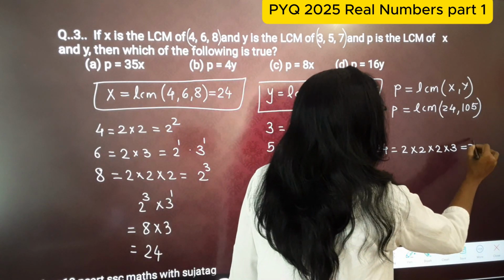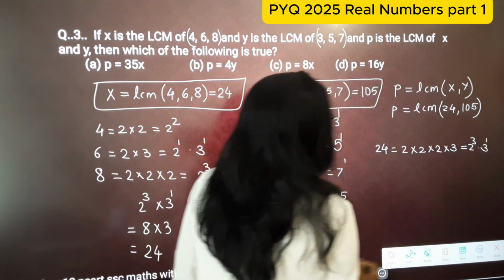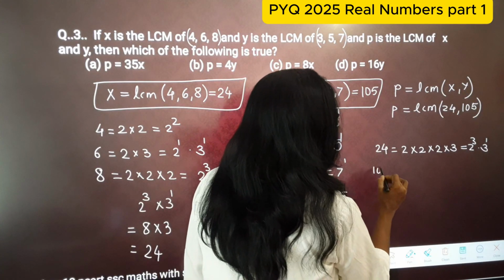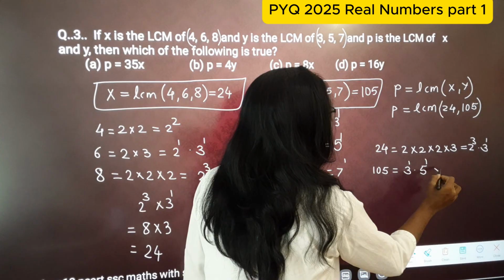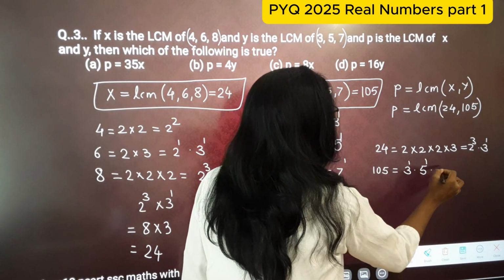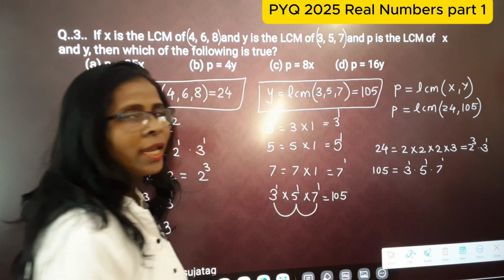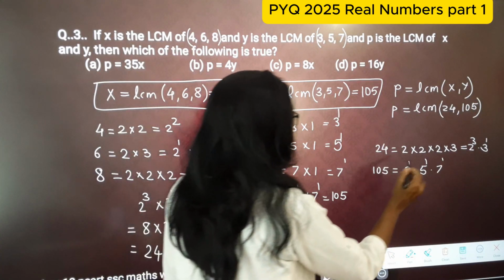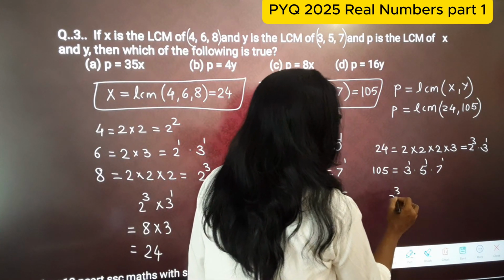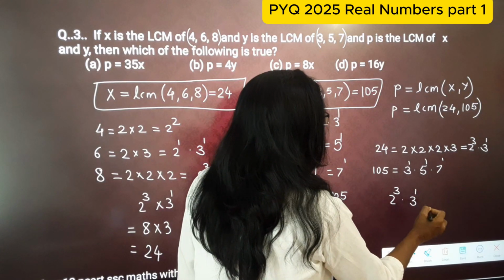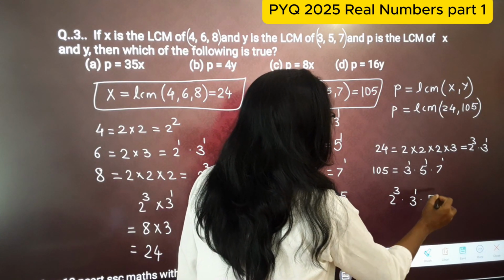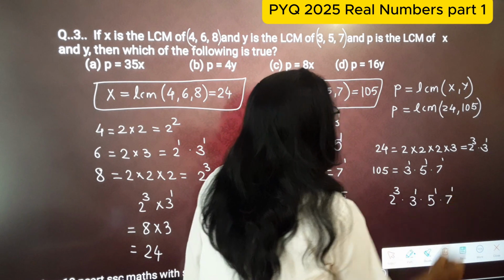So 24 is 2 cubed multiplied by 3 raised to 1. Then 105 is 3 raised to 1 multiplied by 5 raised to 1 and 7 raised to 1. The highest power of 2 is 2 cubed, the highest power of 3 is 3 raised to 1, and then 5 raised to 1 and 7 raised to 1.